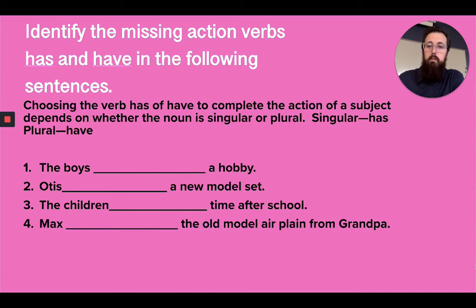Choosing has or have to complete the action of a subject depends on whether the noun is singular or plural. If it's singular, it's has. If it's plural, it's have.